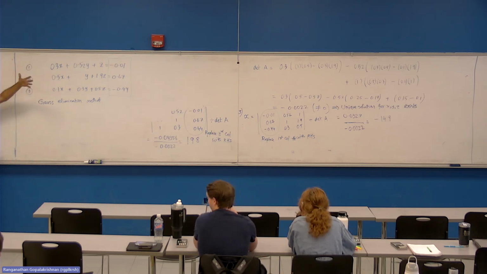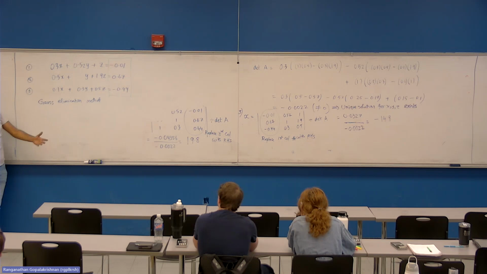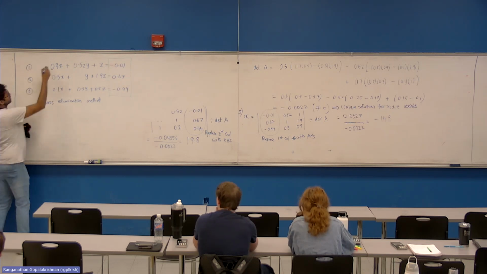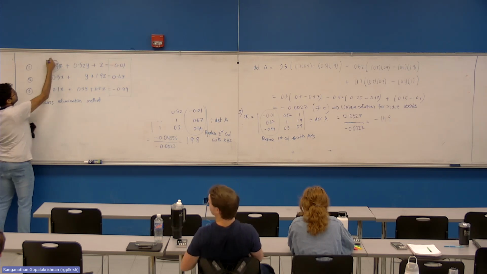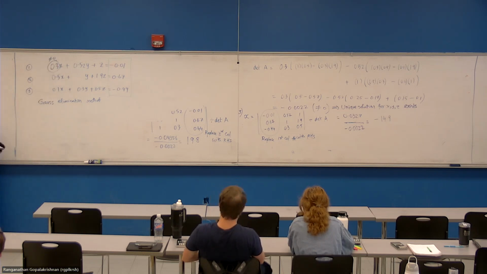When you get a system of equations, arrange them such that the first term is non-zero. You can write the third equation as first or the second equation as first. It is no restriction. What you need to do is make sure that the first term in the first equation isn't zero. Just rearrange it that way.